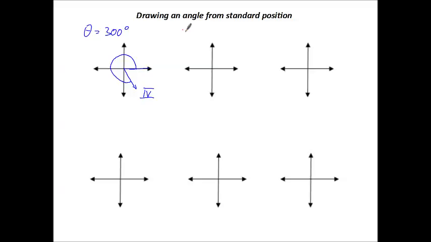Our next angle, alpha, may be given to us in radians. And if its measurement is 5 pi over 6, where is that going to take us? Remember, around the whole circle is 2 pi. That means half a circle is pi, and 1/4 is 1/2 pi. 5/6 pi is definitely more than a quarter, but it's not quite 1.